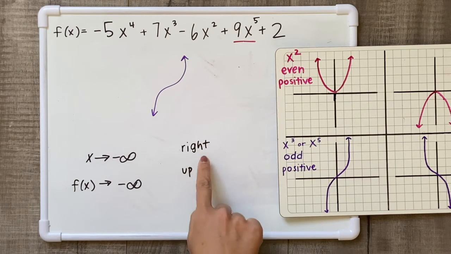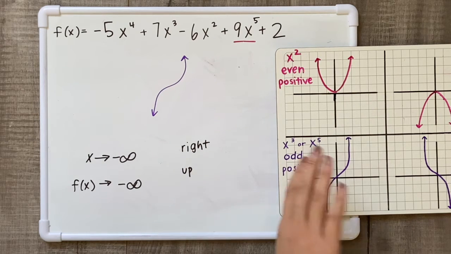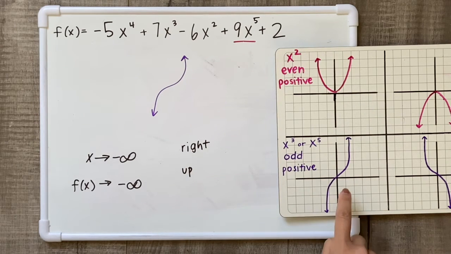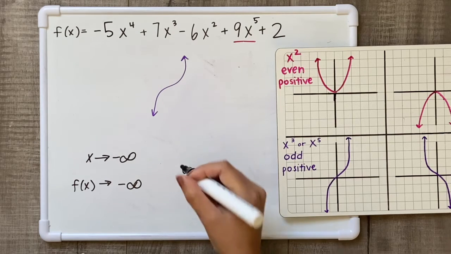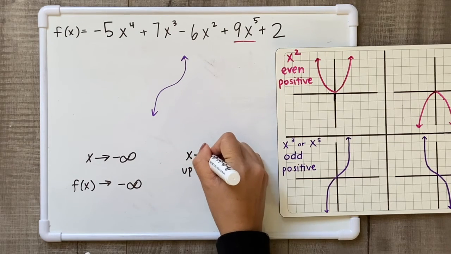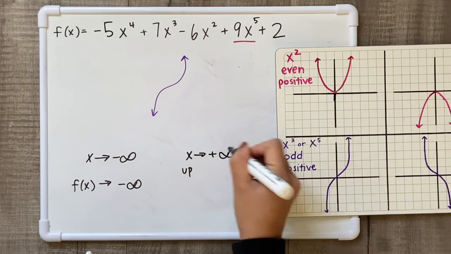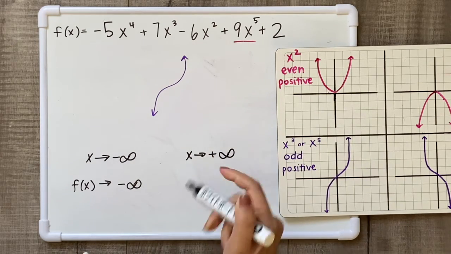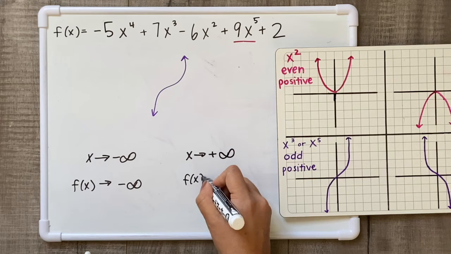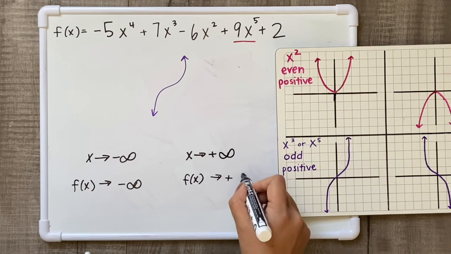And then instead of describing it as what's happening on the right, I'm going to describe what's happening as x goes towards positive infinity. And it's going up, so I would say that f of x is going towards positive infinity.